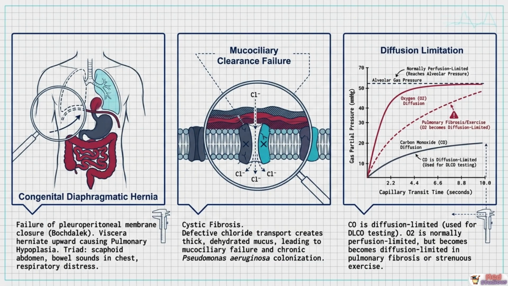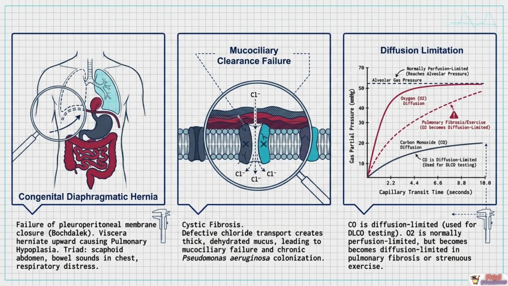3 distinct clinical mechanisms illustrate how structural, transport, and diffusion principles converge into recognizable disease. Congenital diaphragmatic hernia results from failure of the pleuroperitoneal membrane to close, classically the Bochdalek type, allowing abdominal viscera to herniate upward into the thoracic cavity and causing pulmonary hypoplasia.